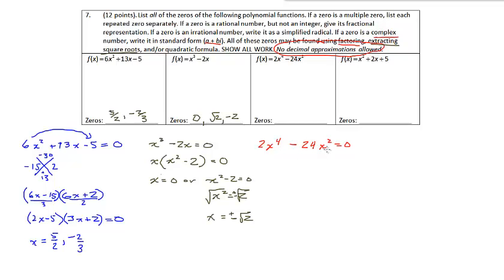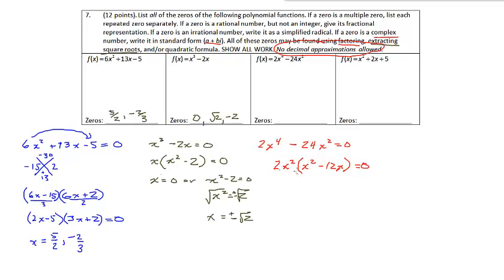Look for that common factor first, and you should see that 2x squared is a common factor of both. So 2x squared times x squared minus 12 equals 0. Now, this is a double root here.